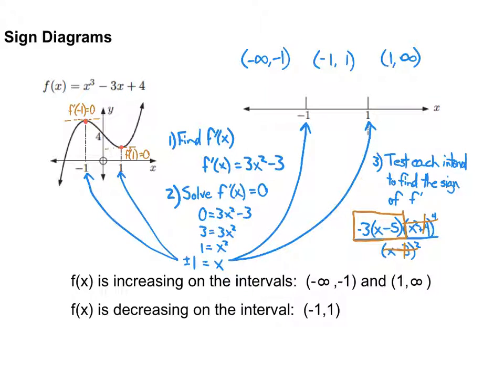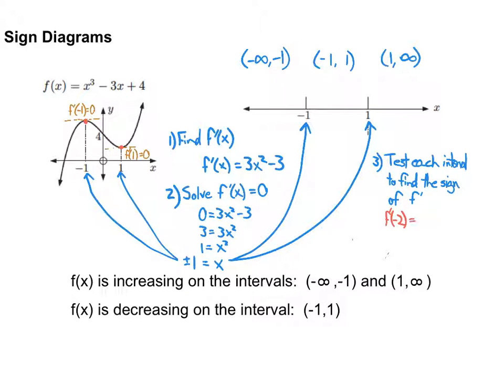Now, our function here is simple enough that we can find the actual values pretty easily too. So, we're going to go ahead and do that. Now, how do we test each of these intervals? Well, you pick a number that's inside the interval for x. So, to the left of negative 1, why don't I try negative 2?